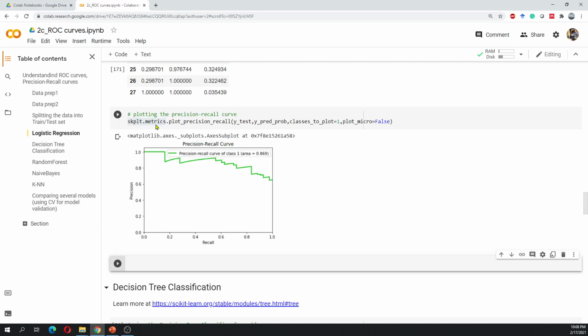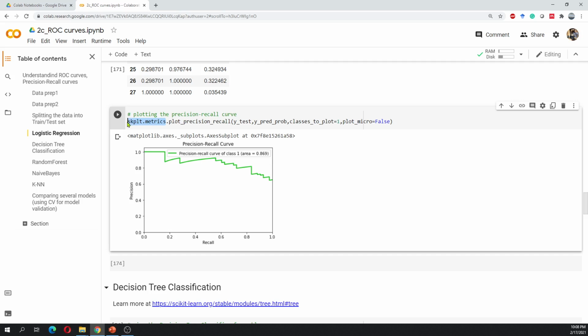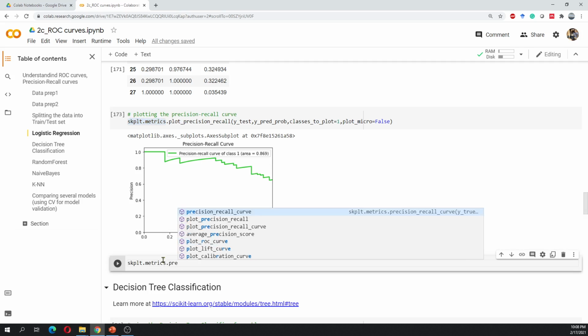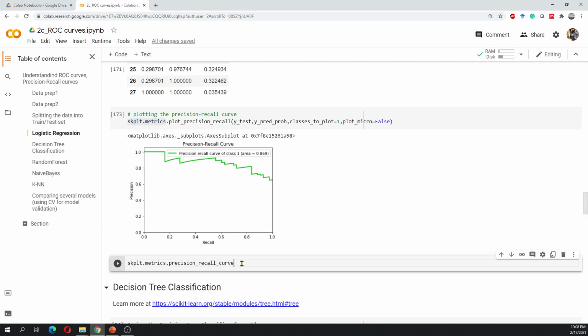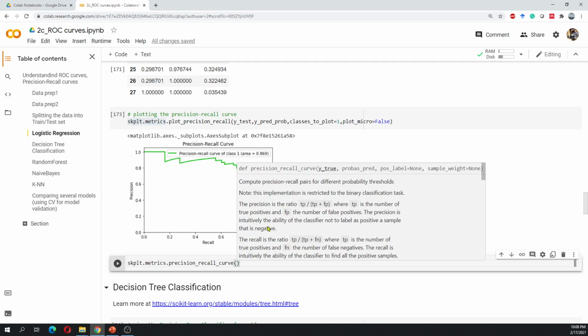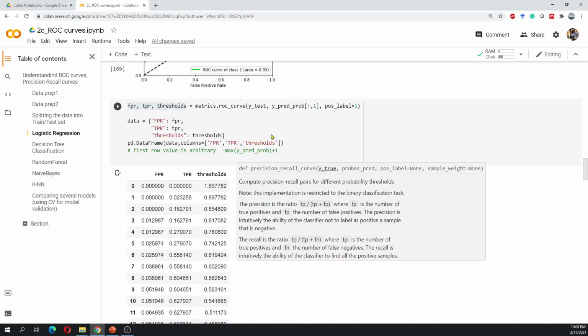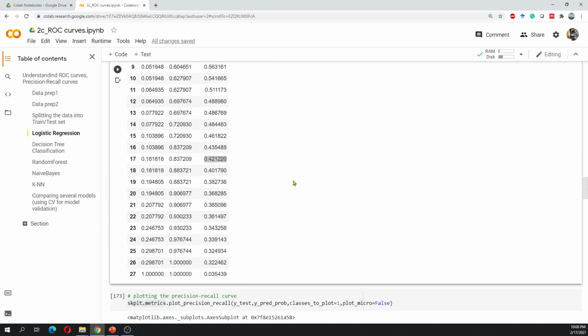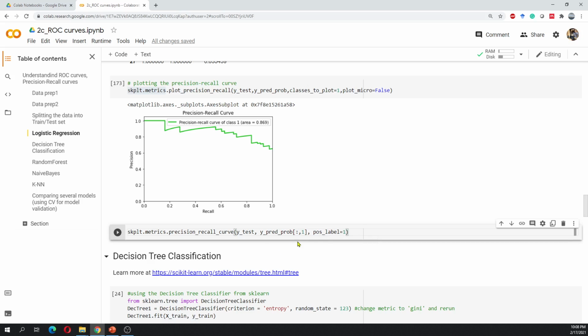We're going to do a similar thing. It's a similar syntax to what we have over here, so I'm just going to borrow from this line. This produces precision, recall, and thresholds.